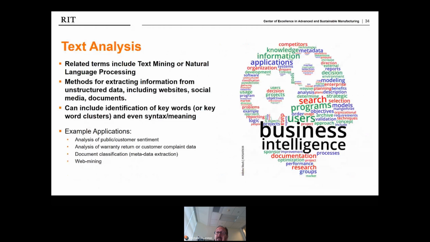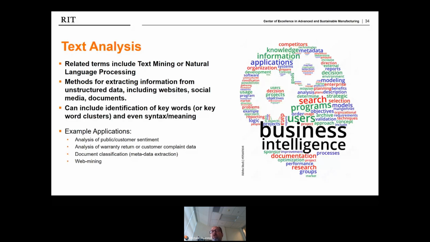The last of the methods I'm going to go through here today is text analysis, and they're increasingly powerful tools for automatically extracting information from textual data, sometimes also called text mining or natural language processing. These techniques are very useful for extracting information from unstructured data like websites, social media posts, or documents.